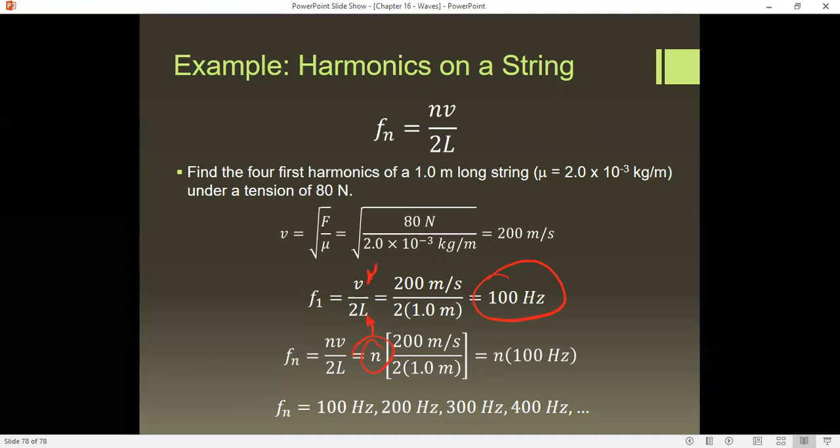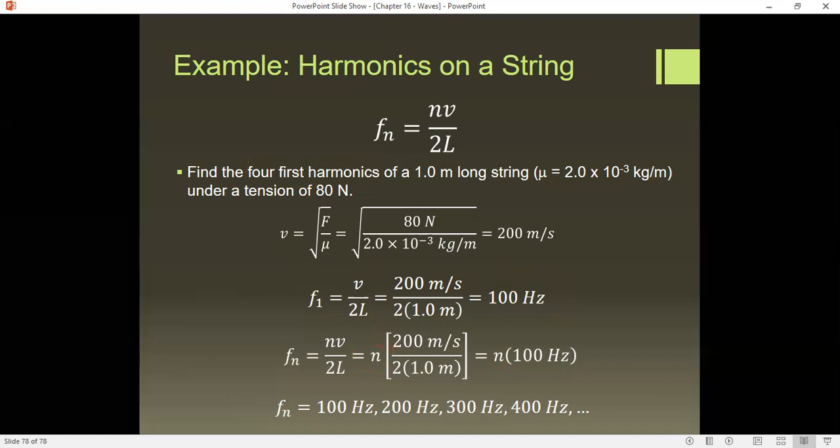So what are the first 4 harmonics? When we're dealing with the fundamental, it's n equals 1, it's 100. When we're dealing with n equals 2, it's 200, n equals 3 is 300, n equals 4 is 400. I could go to the 22nd harmonic. It would be 22 times 100, or 2,200 hertz.